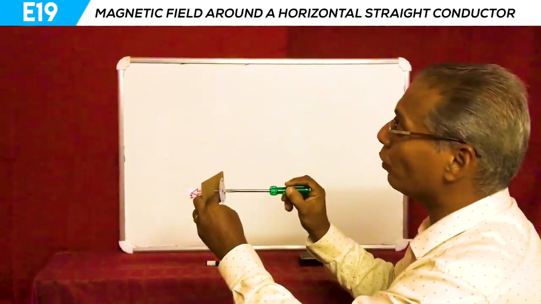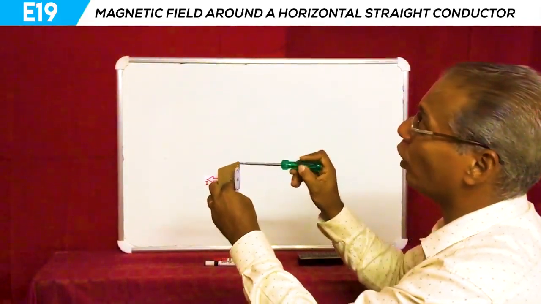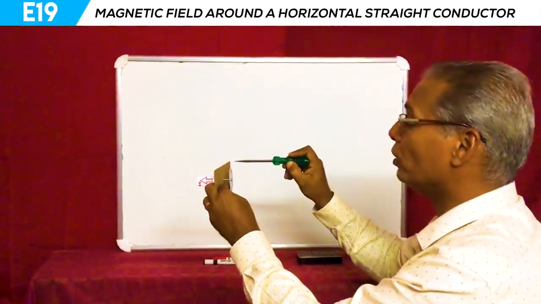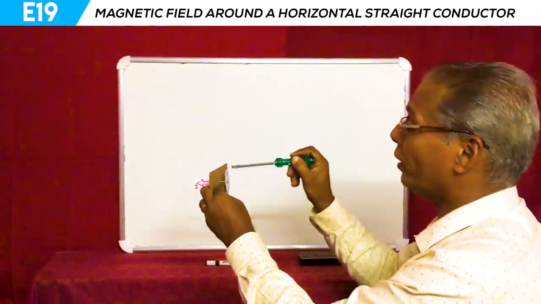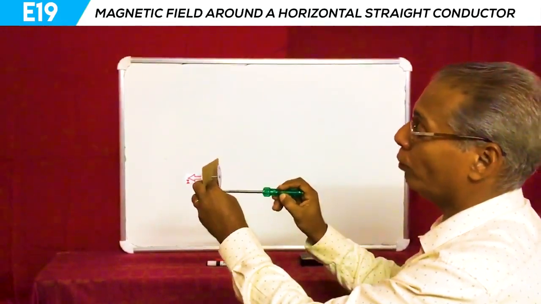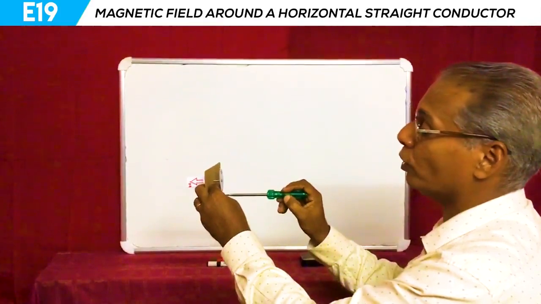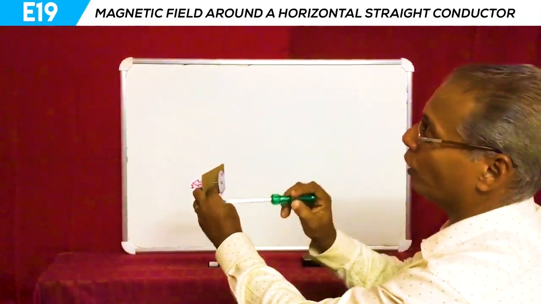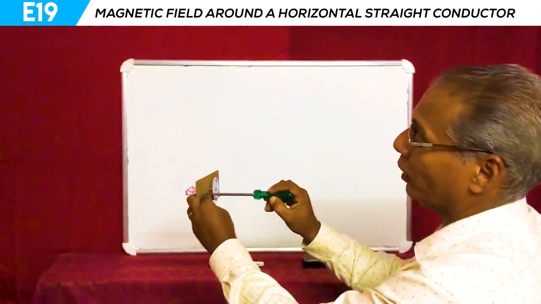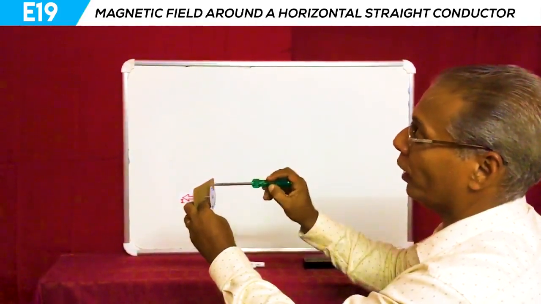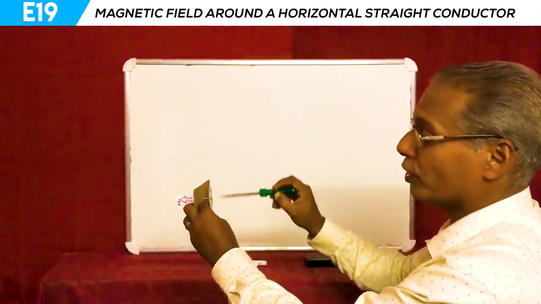And here also, if the north pole is here at the top, it will move towards the right, and here down, and below the conductor, if the north pole is situated, it will move towards the left, and on this side it will go up, again here right. So clockwise direction.